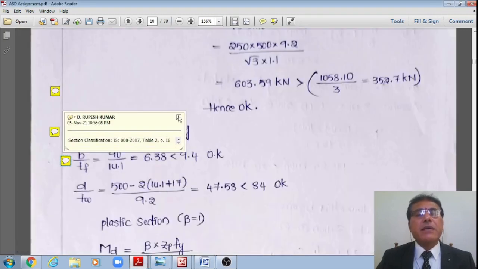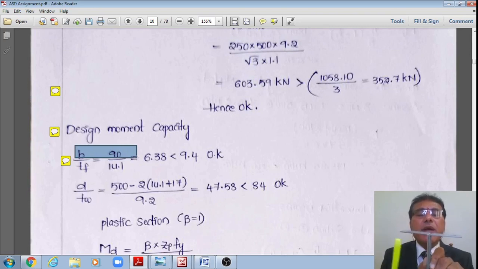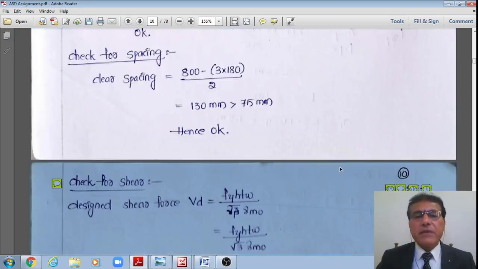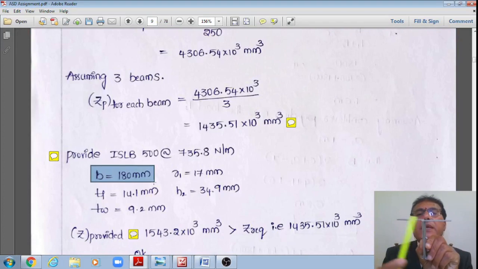I am checking as per this table, b by tf. The width of the flange is equal to 90, divided by 2, 45... Sorry, the width of the flange is equal to 180 mm, students.